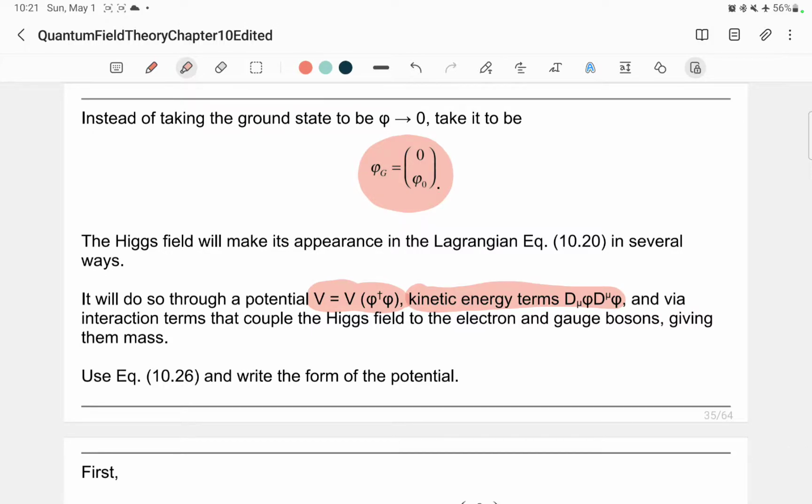So then it will give the mass to the gauge bosons.